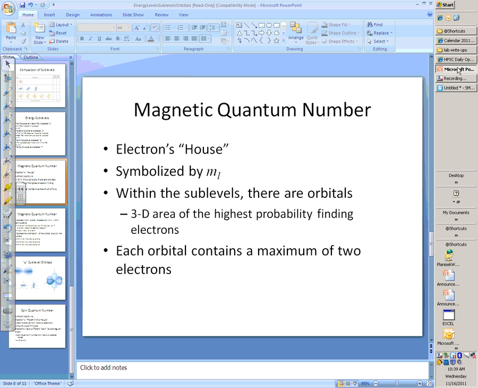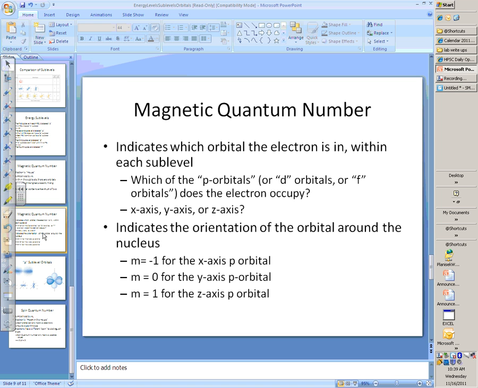The magnetic quantum number, M, which we just introduced, indicates which orbital the electron is in within each sublevel. So which house do you live in on this street? Does that make sense? It's getting more specific.